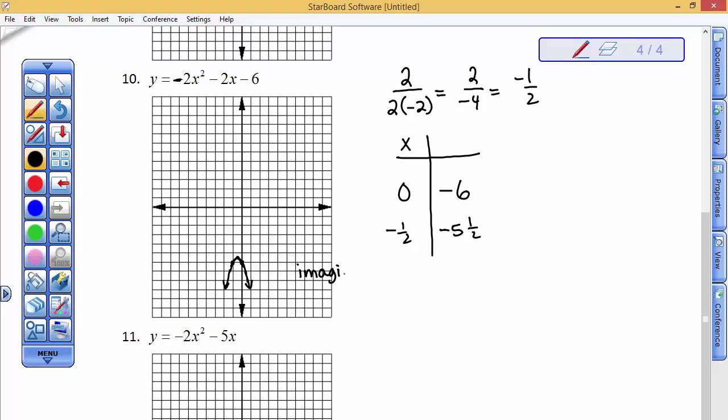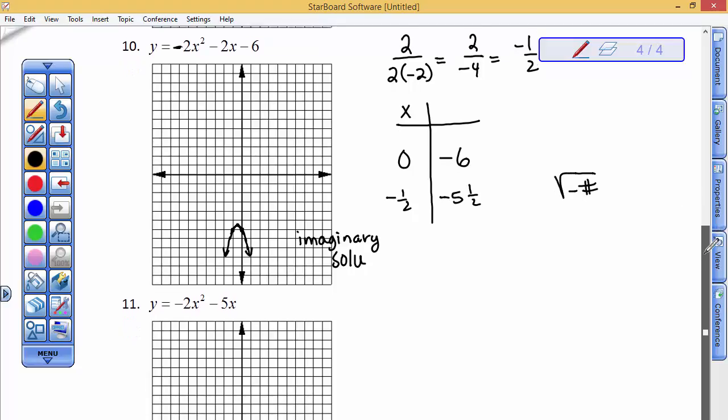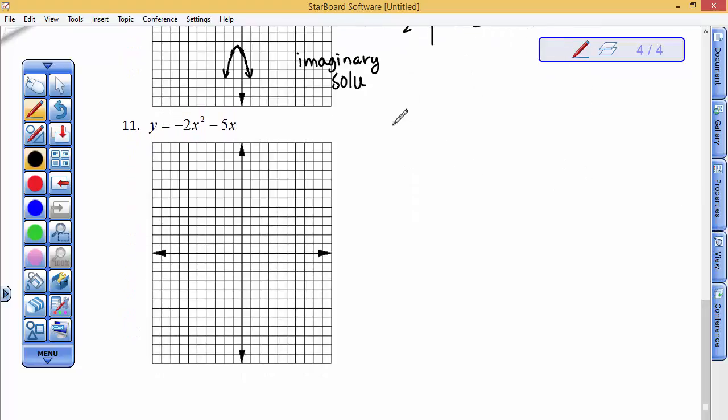But remember that if I put this into the quadratic formula, this one would have imaginary solutions because it doesn't cross the x-axis. So if you put all these values, a of a negative 2, b of a negative 2, and c of a negative 6, you'd get a negative number under the radical when you solve by the quadratic formula.